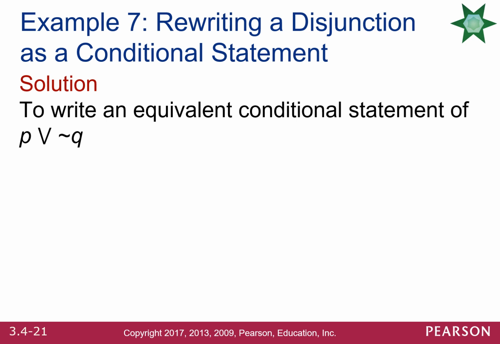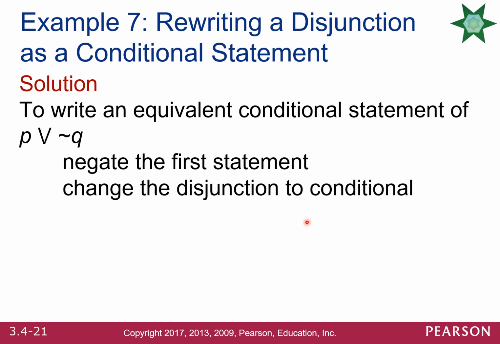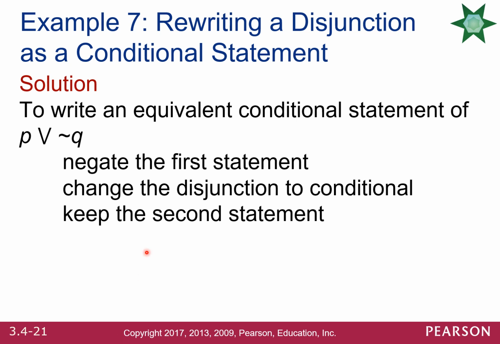The next step is to convert the or statement and write it as an equivalent conditional statement. The first step for doing that is to negate the first statement, which is the antecedent, and then change the disjunction to a conditional. So we change this or to that one directional arrow, and we leave not Q unchanged. Keep the second statement, the consequent, unchanged. That will not be affected.